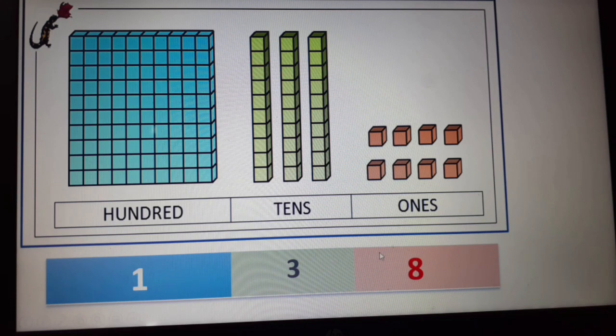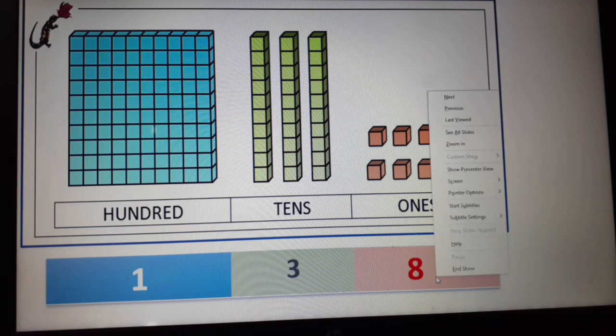What's the place value of 1 here? 100. What's the place value of 3 here? 30 or 3 tens. And what's the place value of the last digit, which is 8? It is 8 ones or 8 units or 8. Yes. 8 units and 8 ones is the same thing.